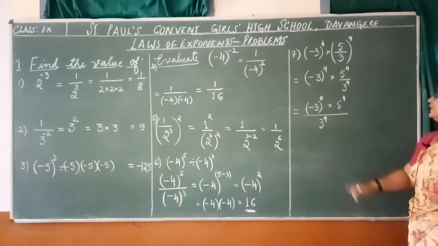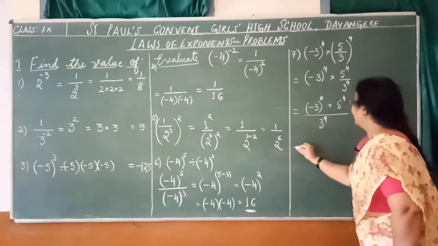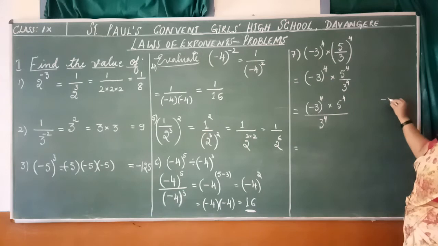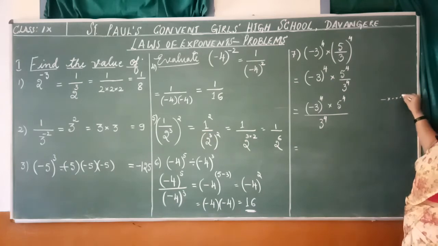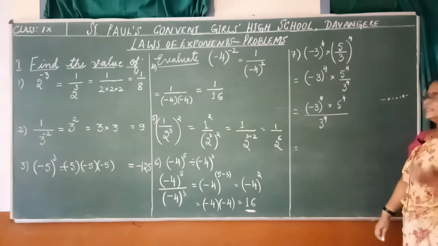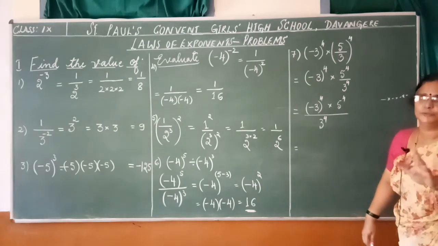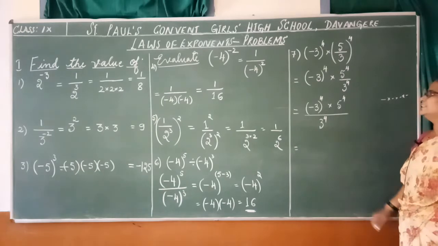But here we have minus and here we have a positive sign. So what shall I do? Minus, when it is multiplied 4 times, what do you get? Positive. Minus into minus plus, plus into minus minus, minus into plus minus, minus into minus plus.